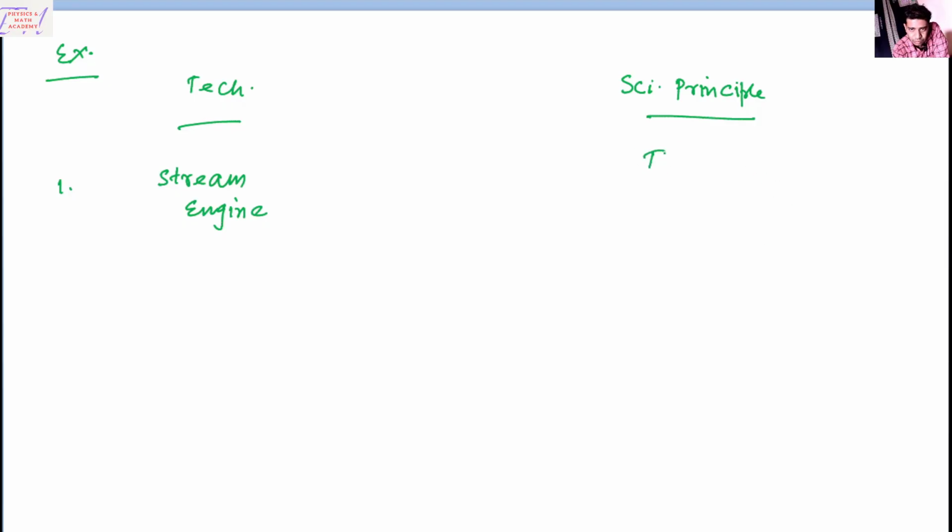This is the laws of thermodynamics. Second, if you take a nuclear reactor, there are lots of examples there. I'll discuss some of them. The scientific principle behind it is controlled nuclear fission reaction.